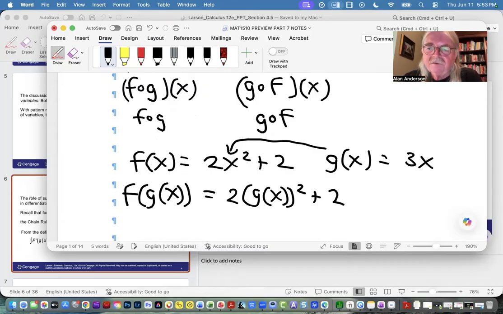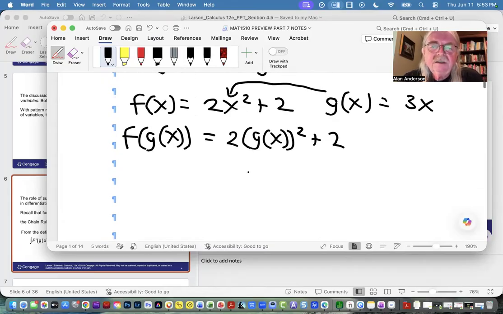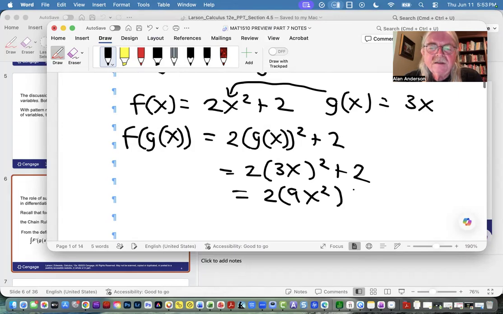And of course, then you simplify. Here you've got (3x) squared, and then that becomes 2 times 9x squared, and we ultimately end up with 18x squared plus 2.